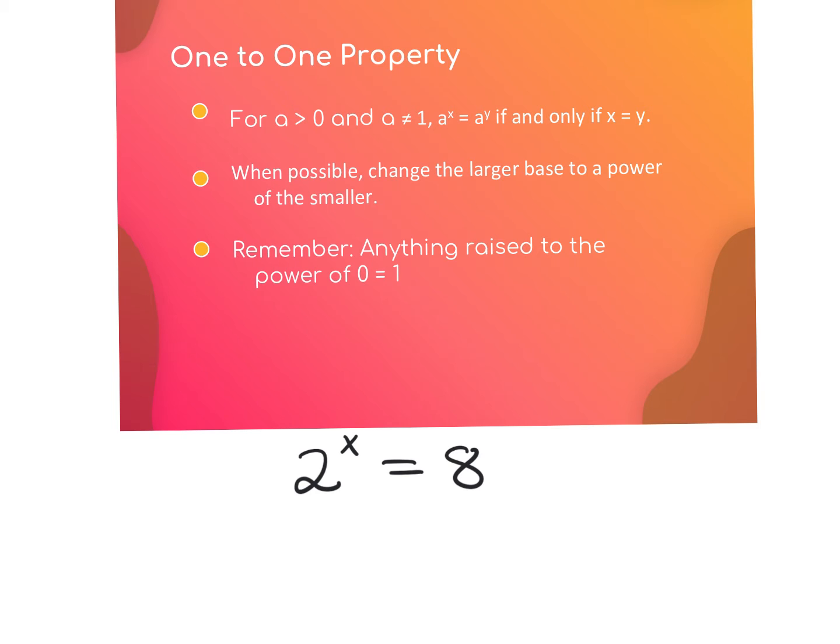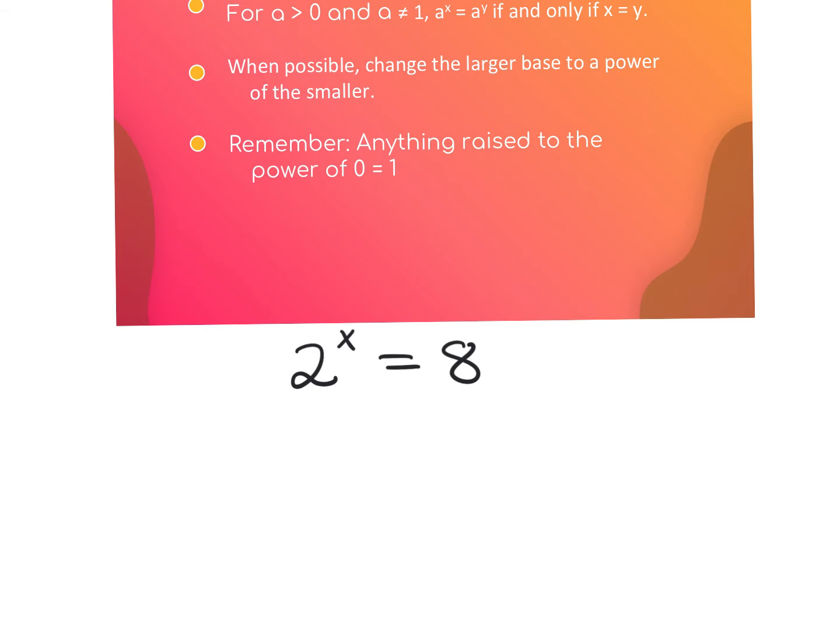But our goal here is to change the bigger number, the 8, into a base of 2. So I'm going to keep this one, and change the larger number so it has the same base as the smaller one. I can transform 8 and make it 2 to the third power. Once the bases are the same, get rid of the 2's, the identical bases, and then you set the 2 exponents equal to each other. And that's your answer.